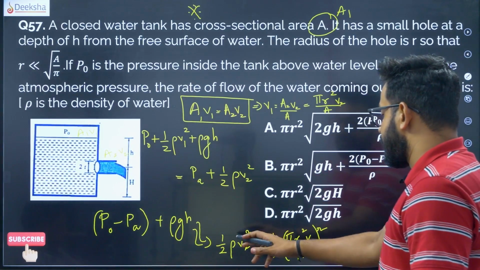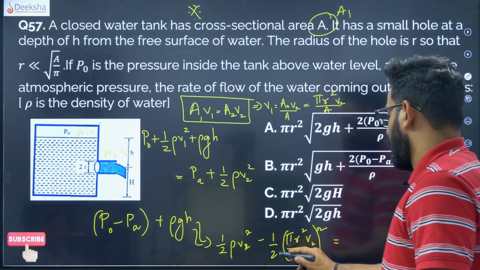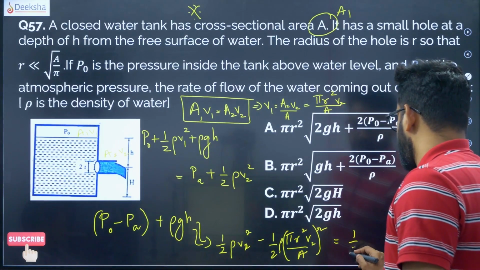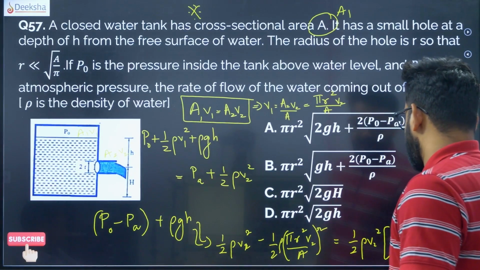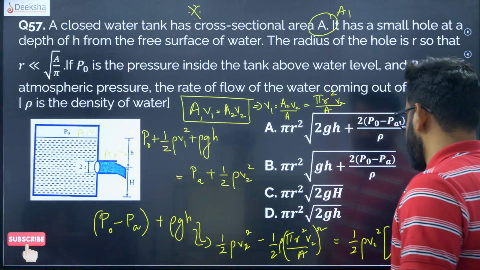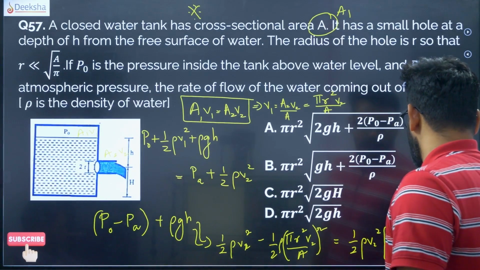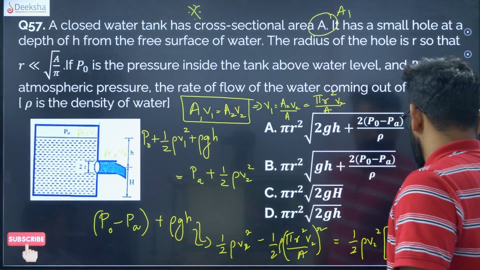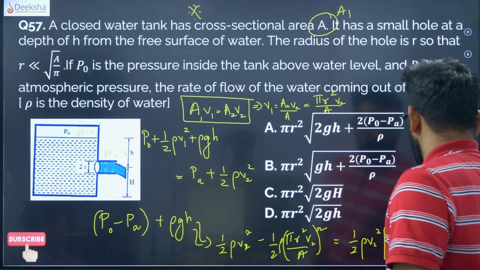In this we can segregate V2 to one side: half rho V2 square, and in the bracket we have 1 minus pi r square divided by A the whole square.